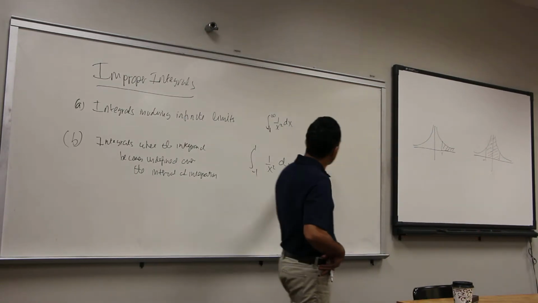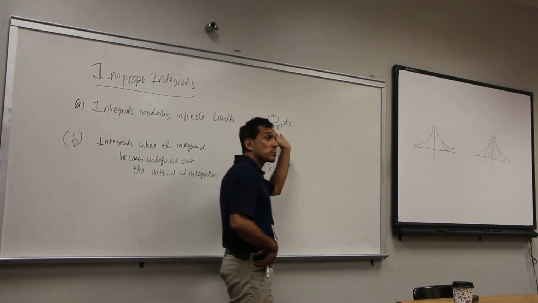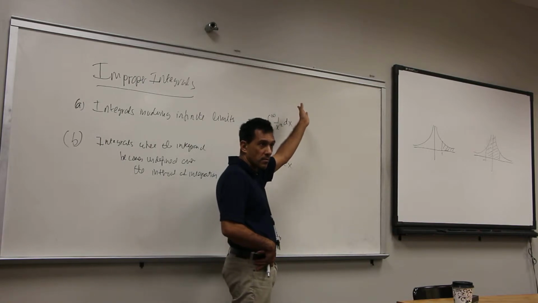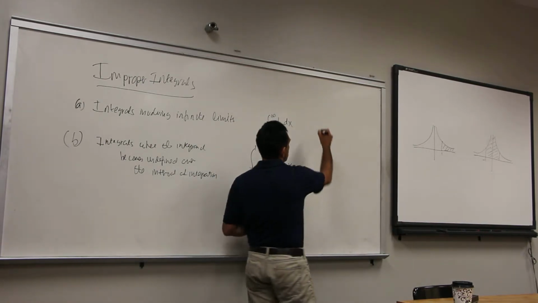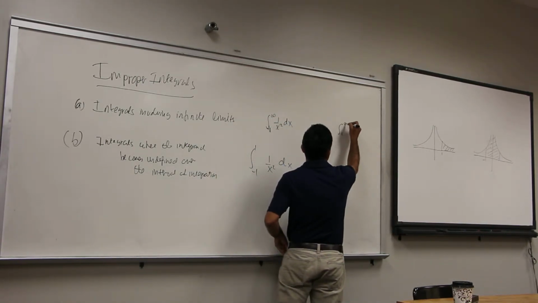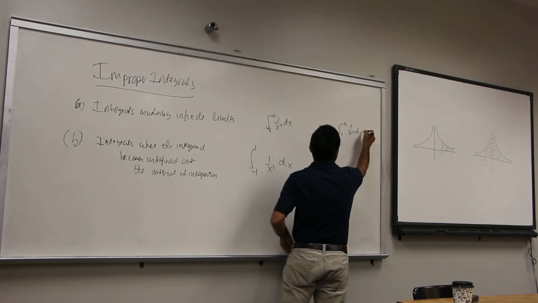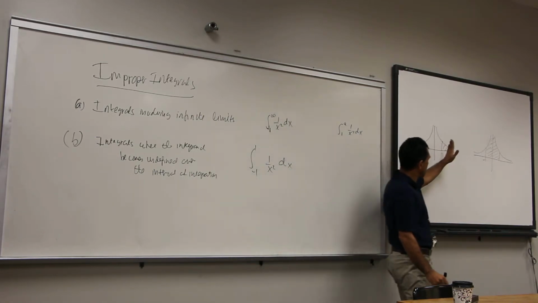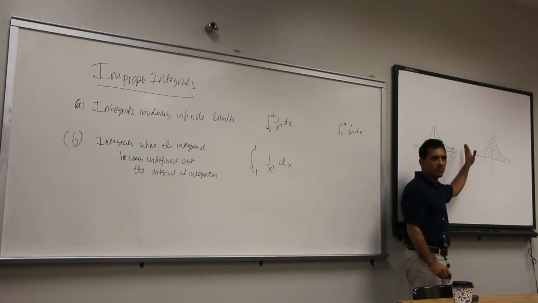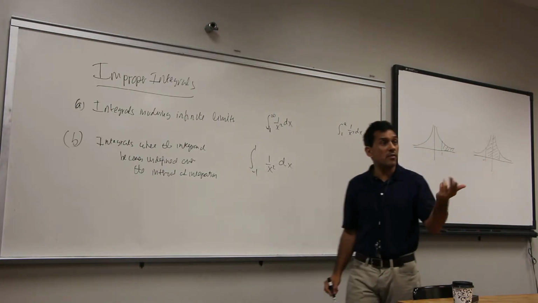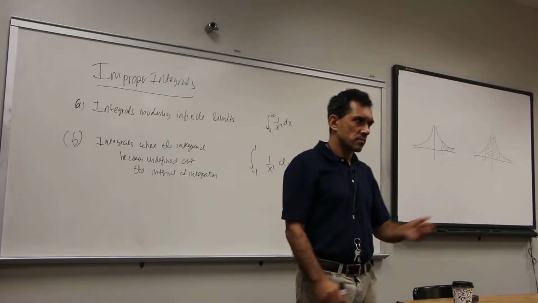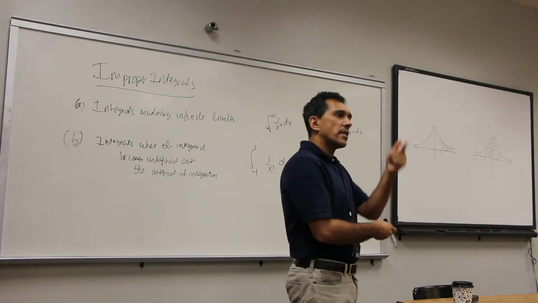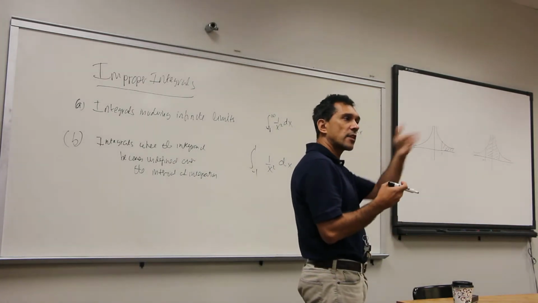Now, the way to approach this is to say, well, integrate up to some finite number a. Then you will pick up a function of a. And then on that function, let a go to infinity.